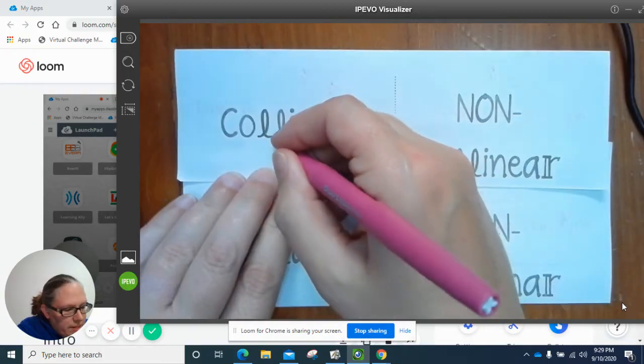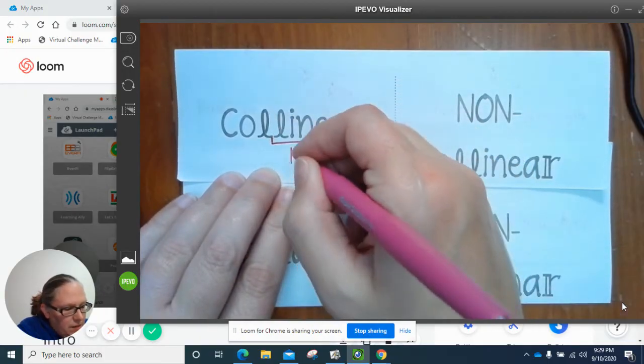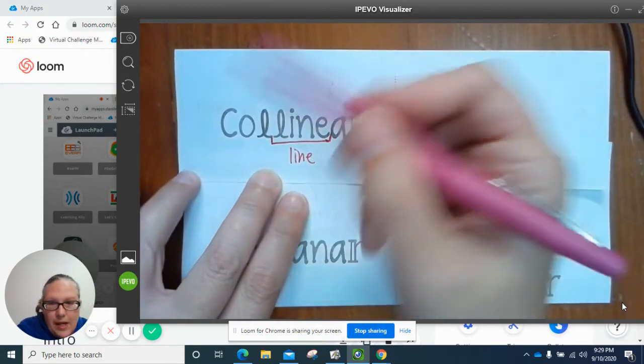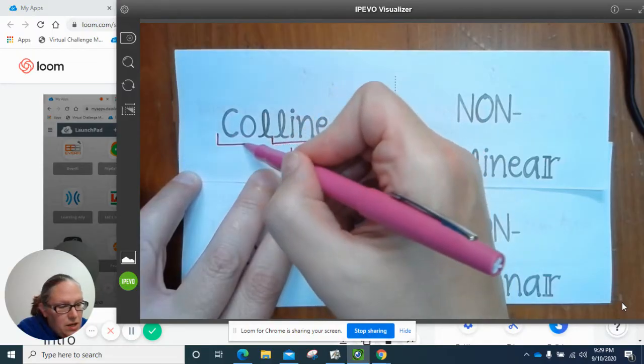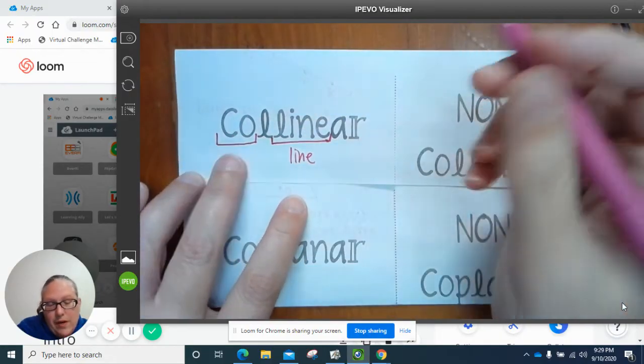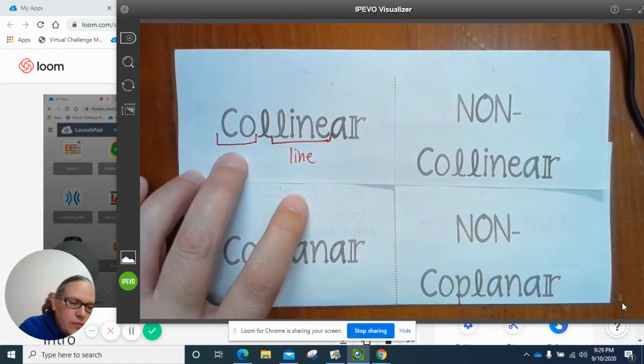Okay, so I see the word line right here, and I see a prefix of co. All right, so the prefix of co comes from words like co-worker, cooperate, cohabitate, okay? When you have a coworker, you work together at the same job.